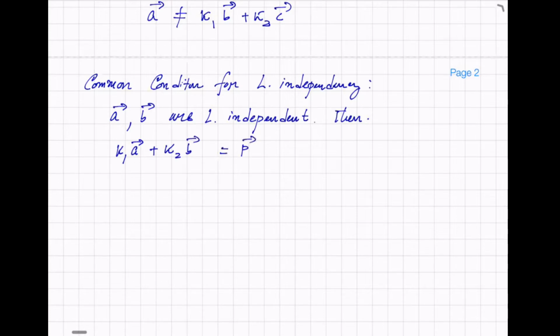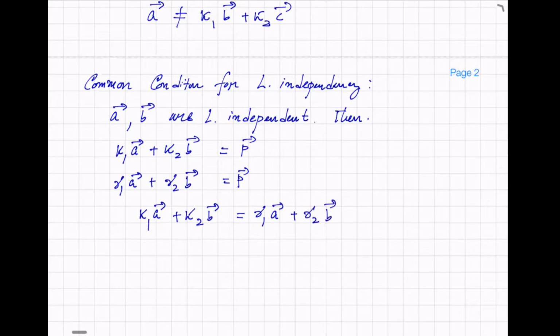Then again, you are writing this same P vector as gamma 1 A vector plus gamma 2 B vector, same P vector. Okay, so that will tell you k1 A plus k2 B is equal to gamma 1 A plus gamma 2 B.